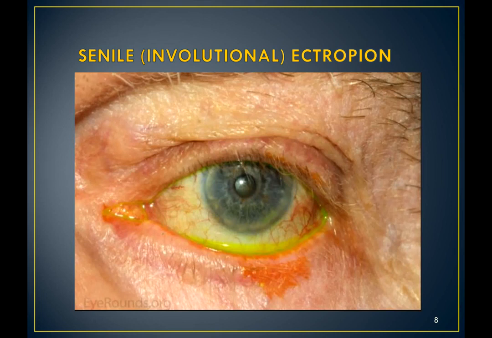Whereas in senile ectropion, the entire muscle degenerates and the two parts are not firm or active enough to override one another. So the lid relaxes and bulges outwards. That is senile ectropion.